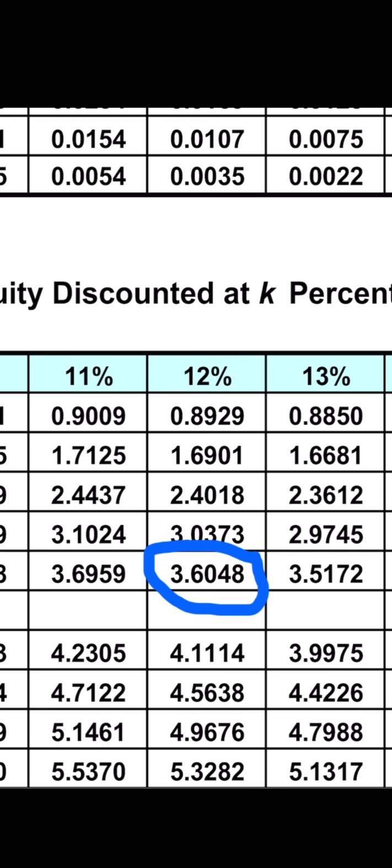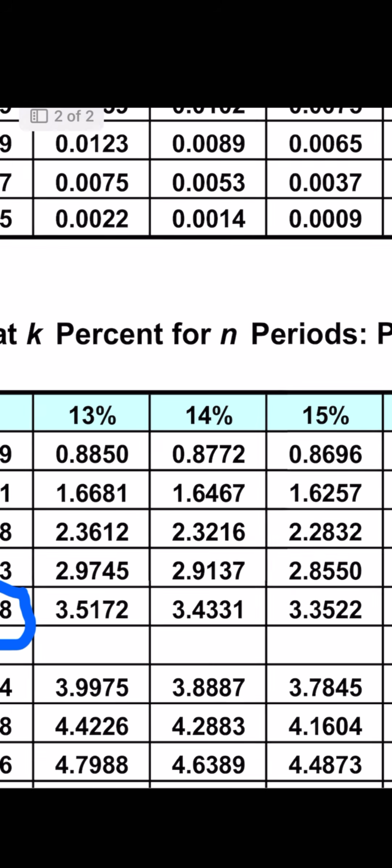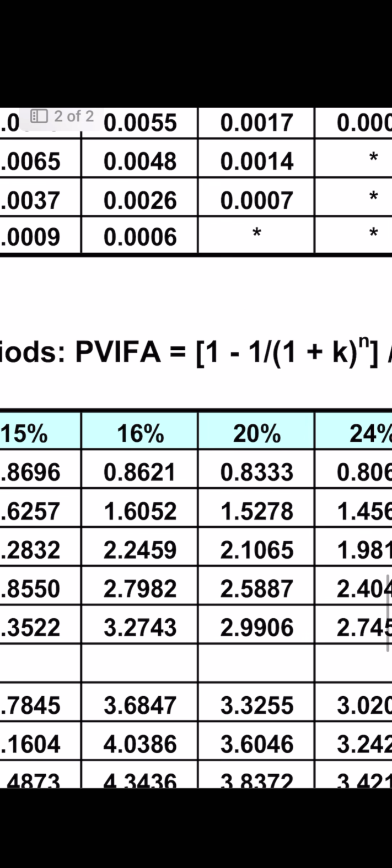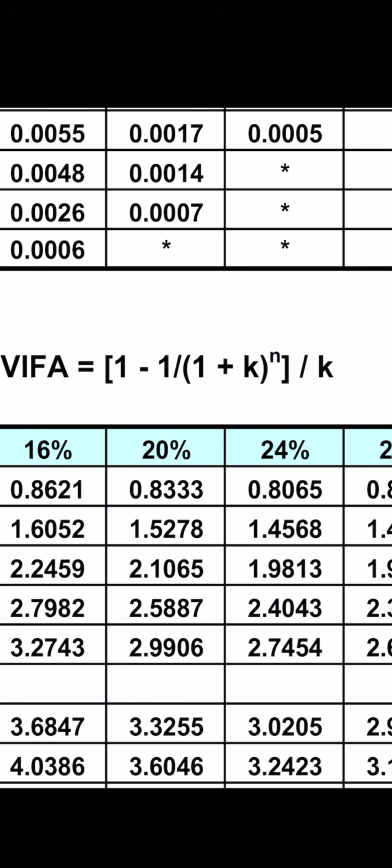But if you want, you can also use the formula to find the same figure, 3.6048. The formula for the discounting factor, the present value interest factor annuity, is given by this. K just stands for the rate, which is 12%. So you can say 1 minus this fraction, then we divide everything by K.